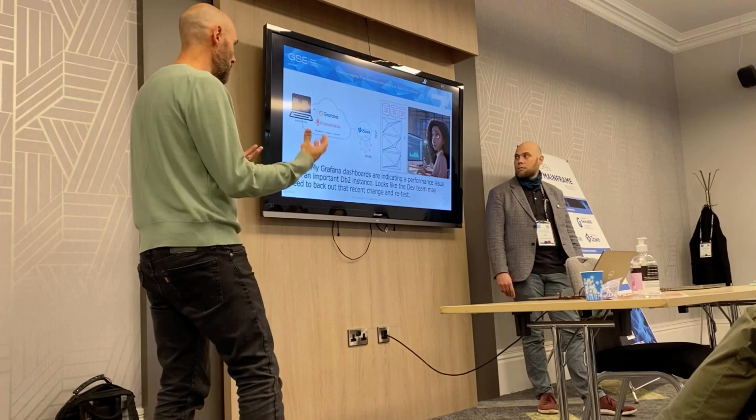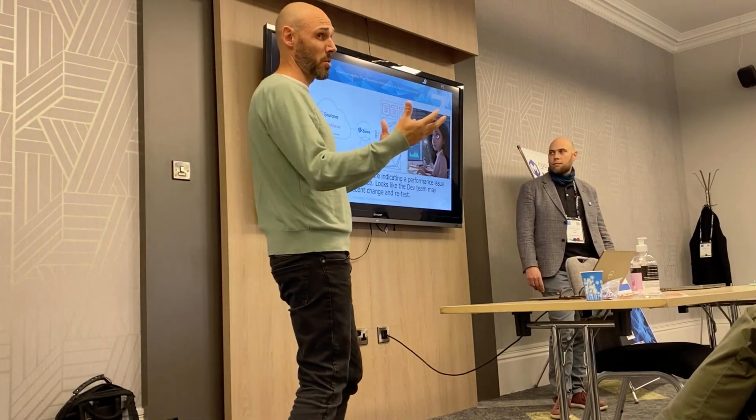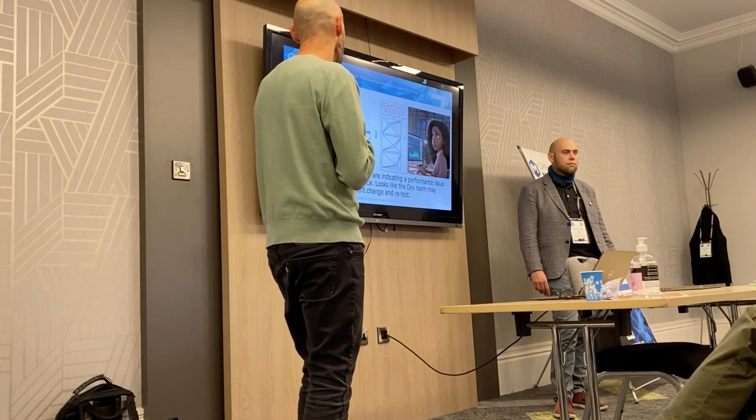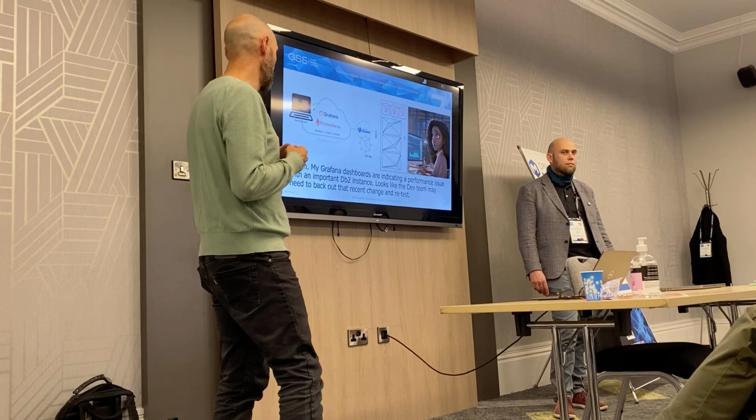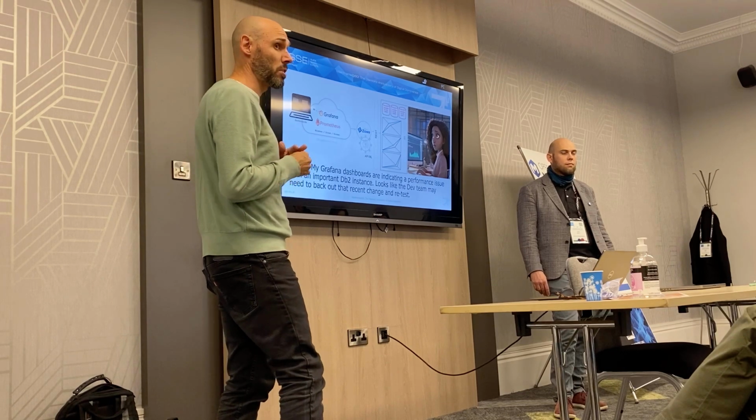So this is all performance data that she's getting. She's opened up her dashboards and she can see there's some red, so there seems to be a performance issue with a specific and important DB2 instance.